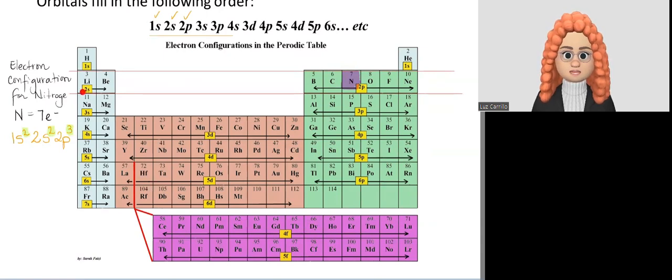On the 2s area, I have 2 boxes, 1, 2. That's where the 2s2 comes from. Next, in order for me to reach nitrogen, I have to move into the 2p area, and I count 1, 2, 3 boxes. That's why the last part of the electron configuration is 2p3.